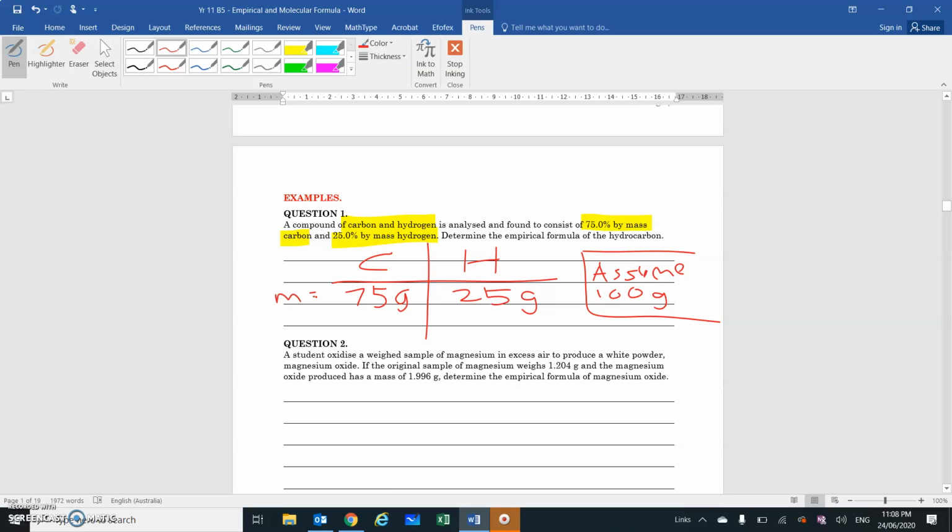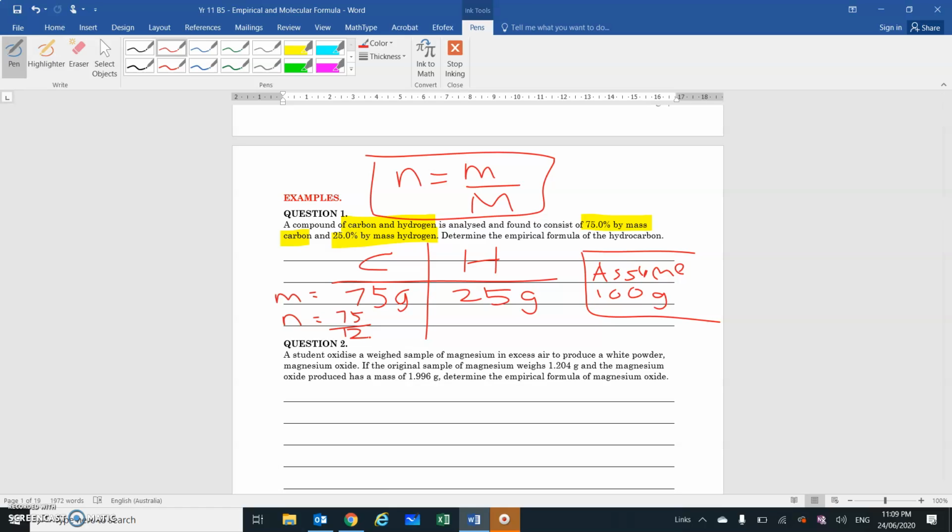We need to convert that to number of moles. If you remember, n equals mass divided by molar mass. We're going to be using this quite a bit. So the number of moles of carbon is the mass, 75, divided by the molar mass of carbon, which is 12.